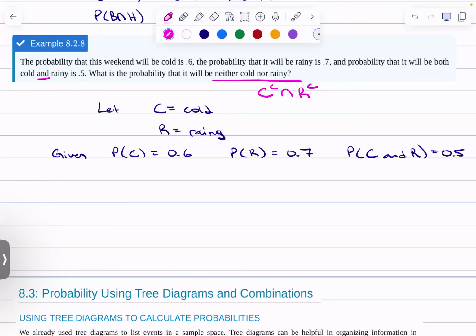Now, as a fact, the complement of cold and the complement of rainy is the complement of C or R. That's a fact. It's called De Morgan's laws.